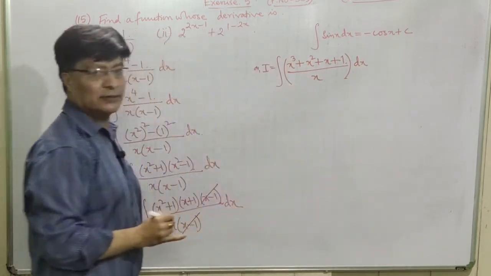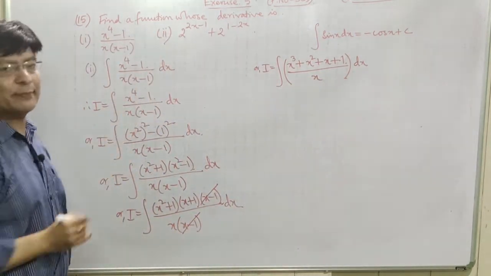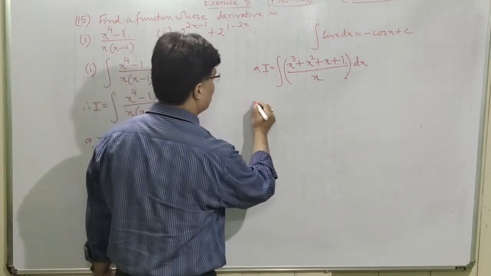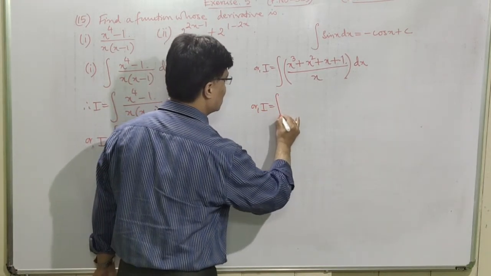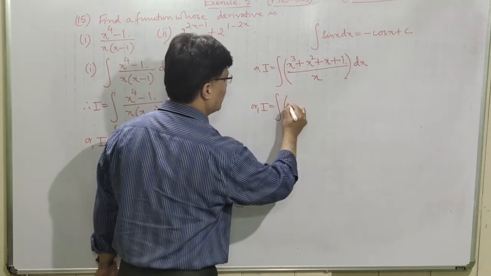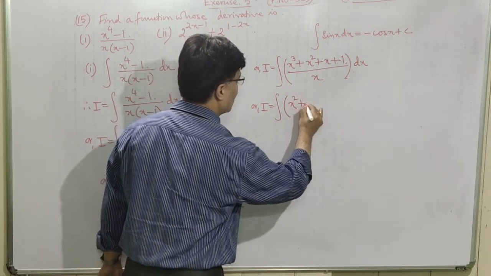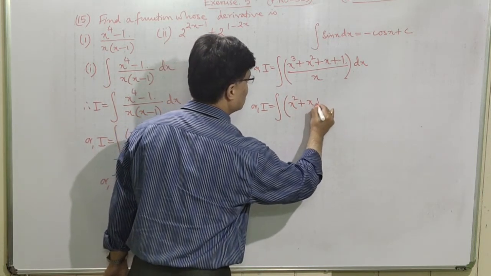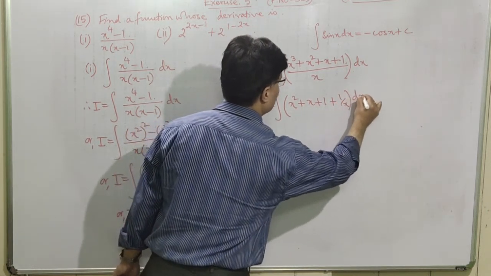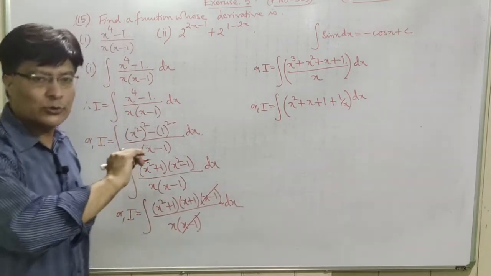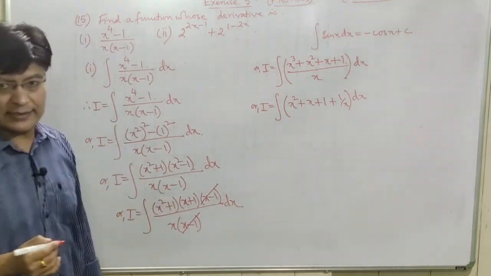Now we can separate the terms. In order to integrate this function, you have to separate it. So I is equal to integration of, within bracket, x³ by x means x², plus x² by x means x, plus 1, plus 1 by x, bracket close, dx. So again separate the integral sign and dx.